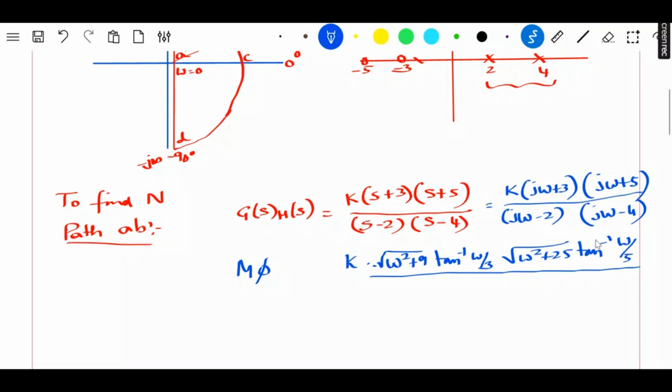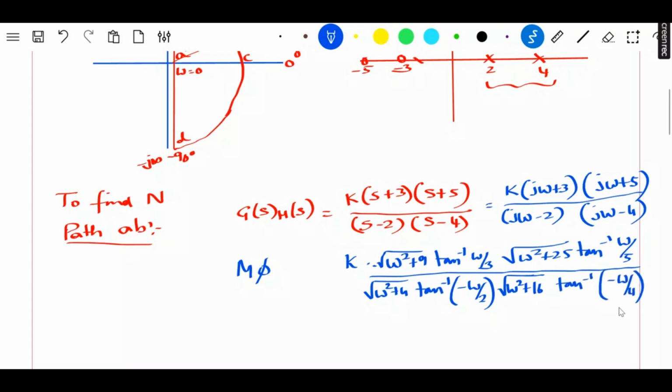Divided by square root of omega square plus 4 into tan inverse of minus omega by 2, because negative is there, and square root of omega square plus 16, because 4 squared is 16, into tan inverse of minus omega by 4.